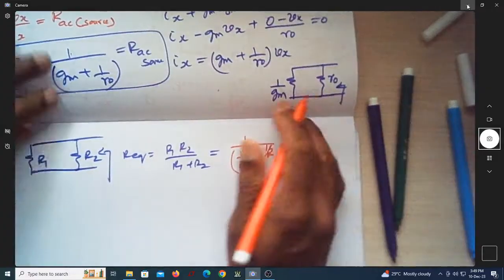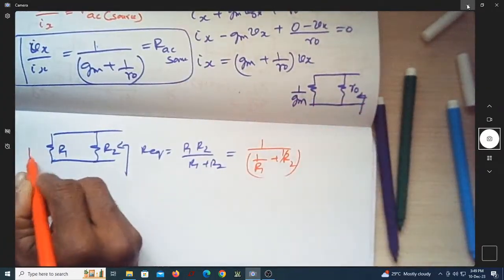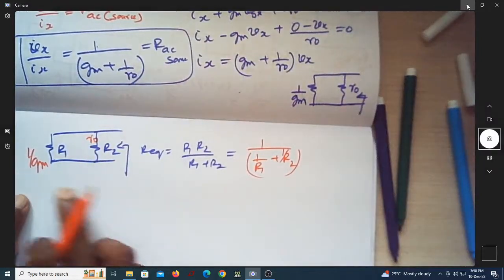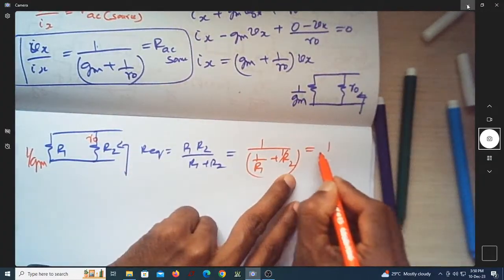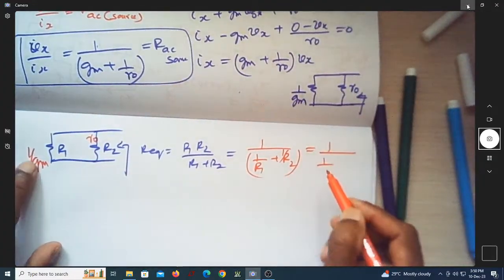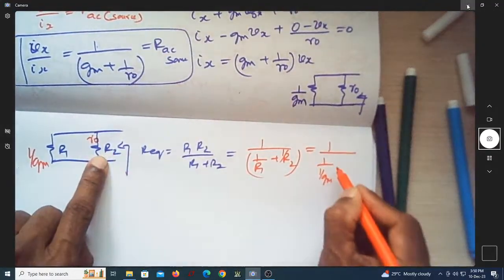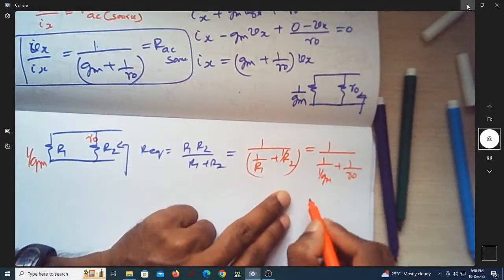Now let us assume that, can you see these two circuits are almost the same? Shall I name it as 1 over gm? Shall I name it as R0? Now let us replace what R1 is. R1 is actually 1 over gm. So what is R2? Plus 1 over R2 is R0. So now can I write this as what?